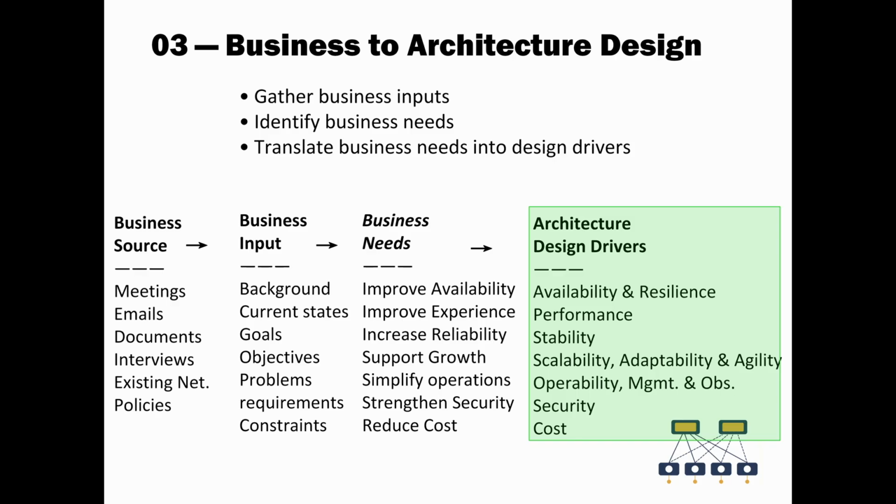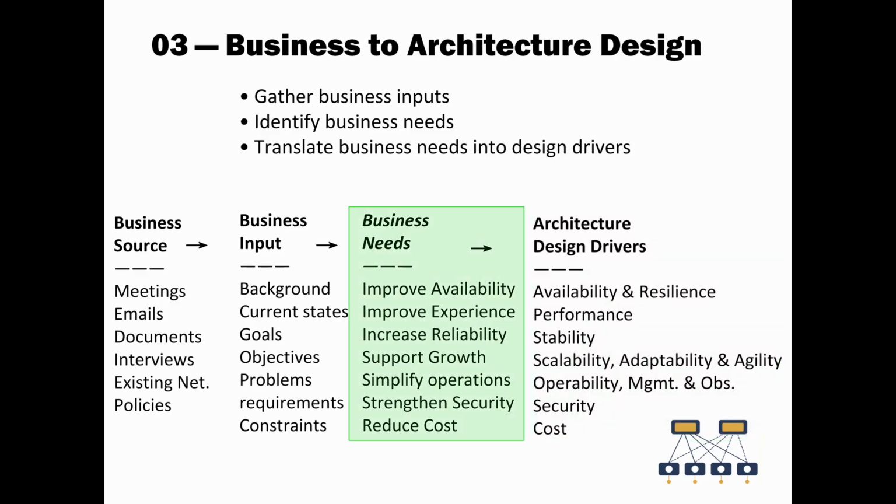Here we see the 7 major architecture design drivers. In the next episode, we'll introduce the 7 universal architecture design drivers and explain why they provide a complete framework for guiding architecture design. In this episode, our focus is on understanding business needs.